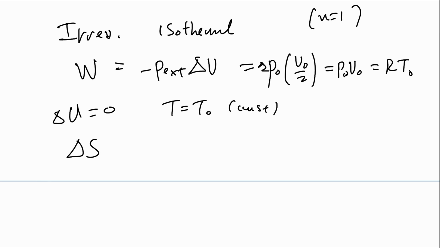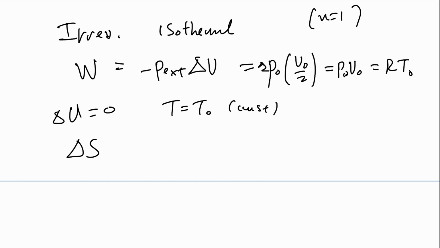And what is delta S? How are we going to find delta S for this irreversible compression from V naught, T naught to V naught over 2, T naught? The definition of the entropy is dS equals dq reversible over T. So I need to find a reversible path that gets to the same change of the system part, just the gas.